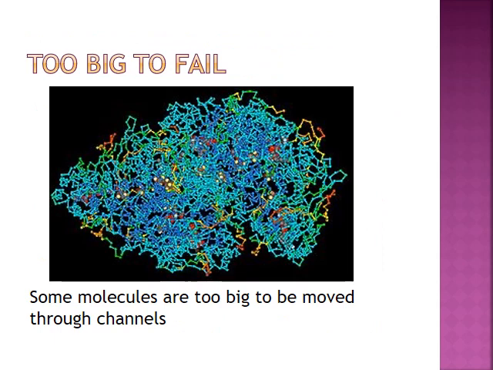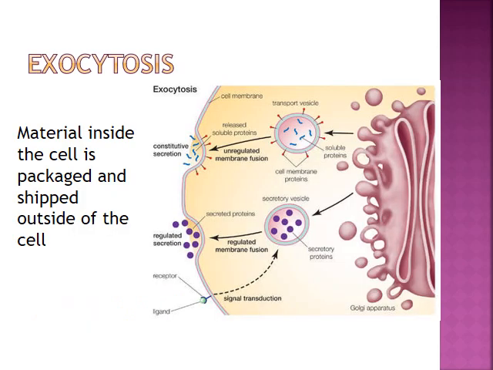Some molecules are just too big to move through channels, too big to fail. Nucleic acids are huge. Certain proteins are gigantic. In order to move those through the membrane, you have to use a process called either exocytosis or endocytosis.